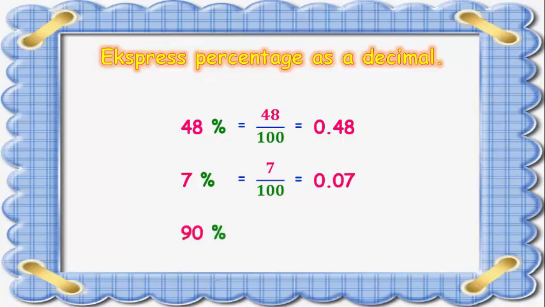And the last, 90% is 90/100. 90/100 is 0.9.